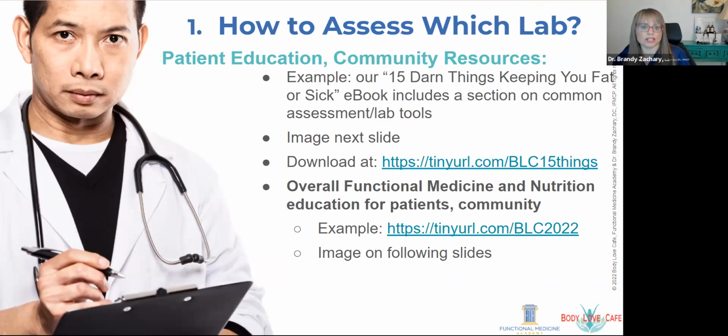Another example is a free resource we give to our patients, or even the public stopping by our website and maybe wanting to check something out. We have a resource called 15 Darn Things Keeping You Fat or Sick. It's a little ebook that talks about the 15 things, trying to educate the patient, let them learn a little bit more about how their body works.